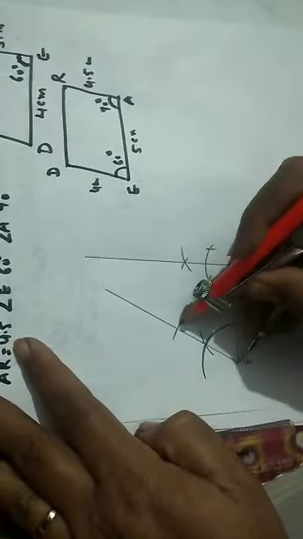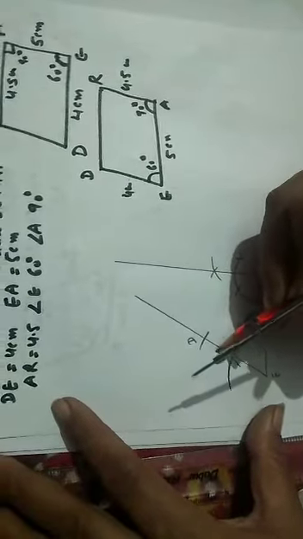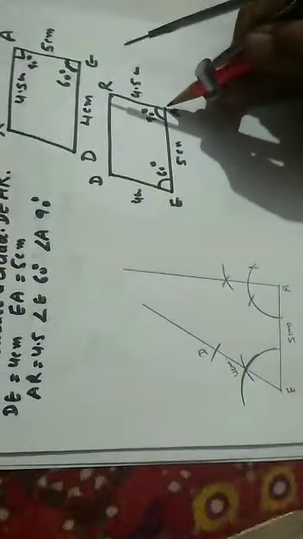Then it's given to you DE 4 centimeter. We'll open our compass till 4 centimeter. This is a point D. This line is of 4 centimeter and AR 4.5.